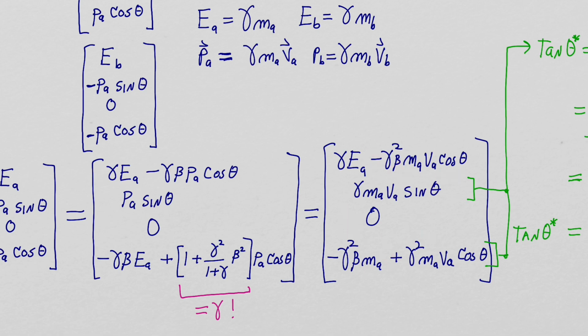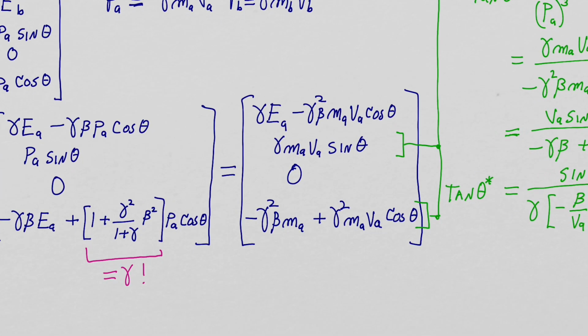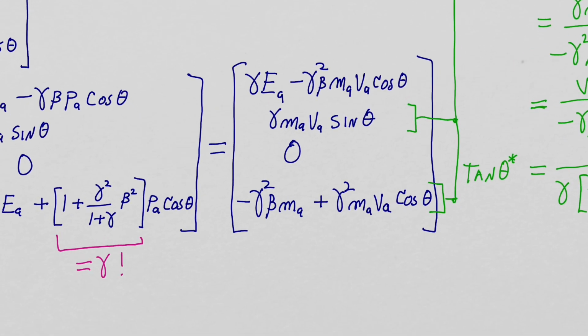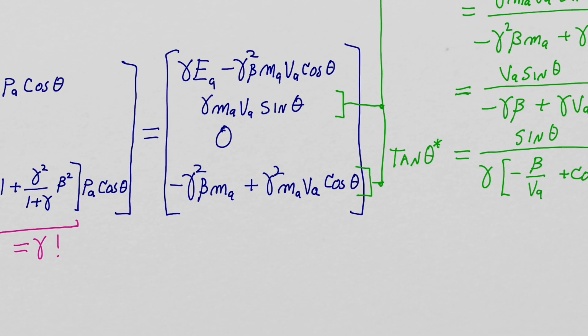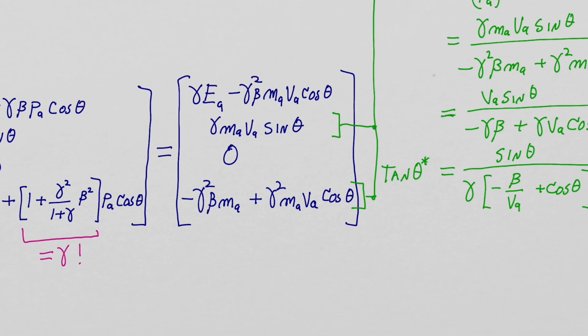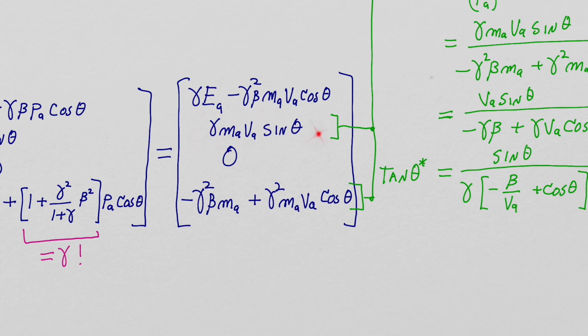Now that I have this, I'm going to ask my question: what does the angle look like in the lab frame? The tangent of the angle in the lab frame is going to be the x component divided by the z component.